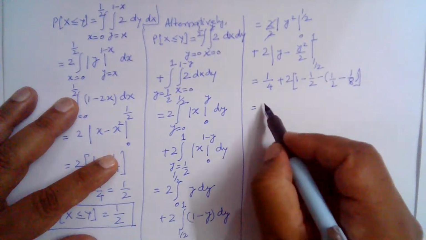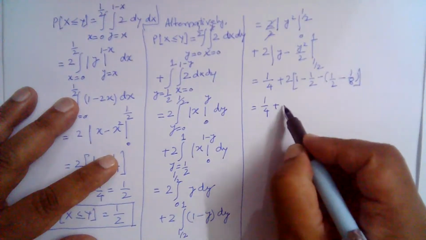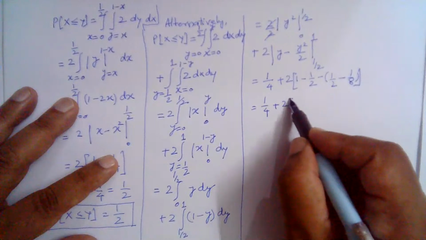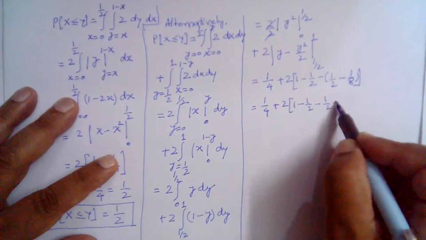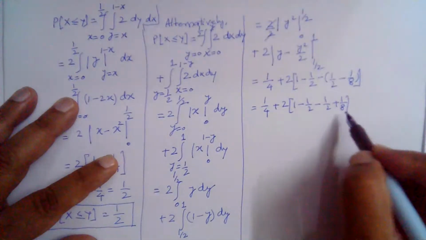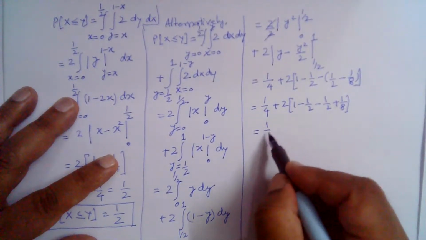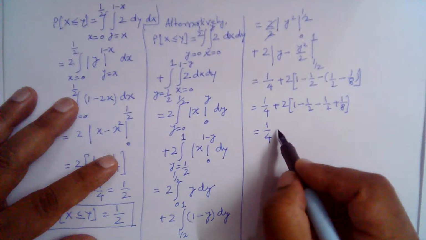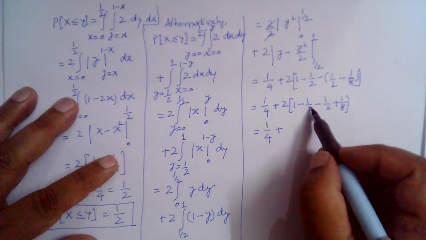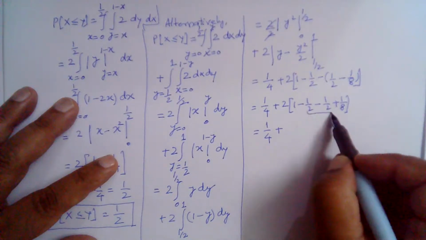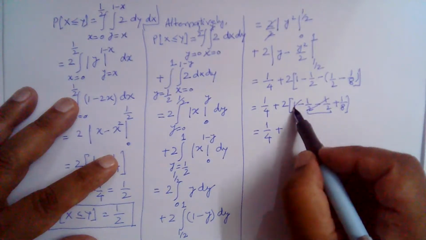So this is 1 over 4 plus 2 into 1 minus 1 over 2 minus 1 over 2 plus 1 over 8. So this is 1 over 4, and plus this is 1, and this is minus 1 over 2, minus 1 over 2 will be minus 1. So this cancels out with this, right?